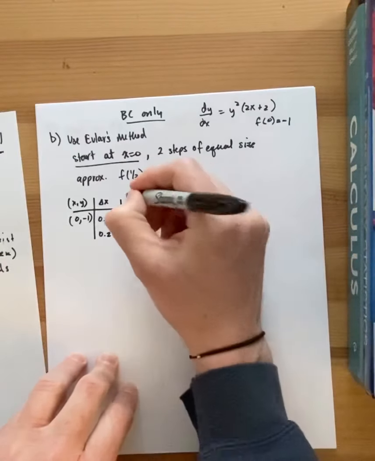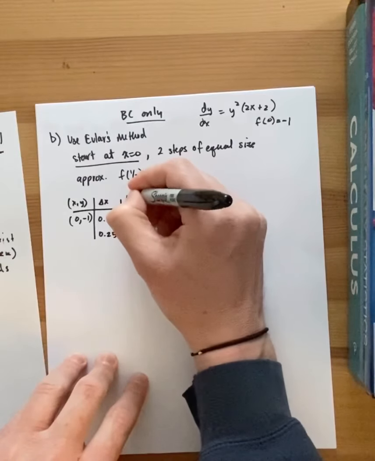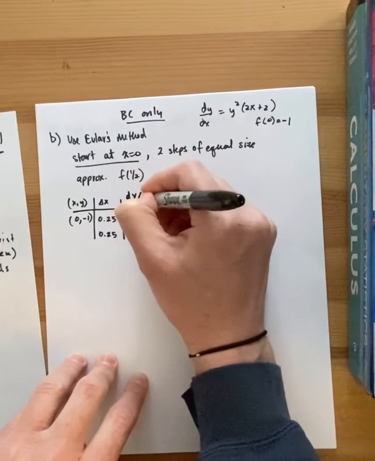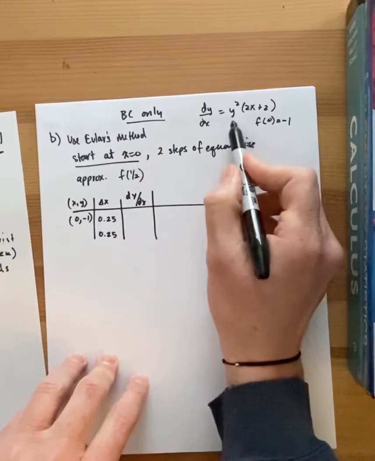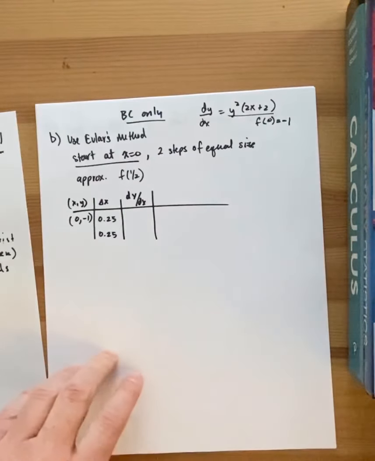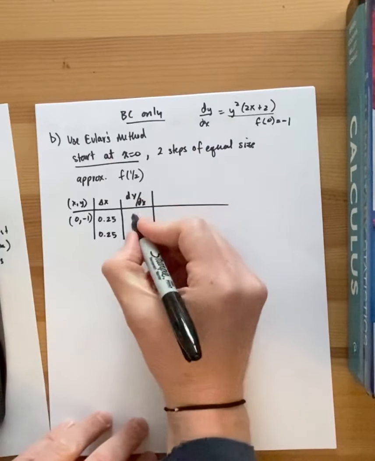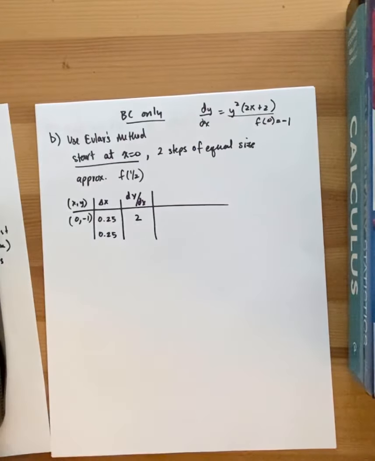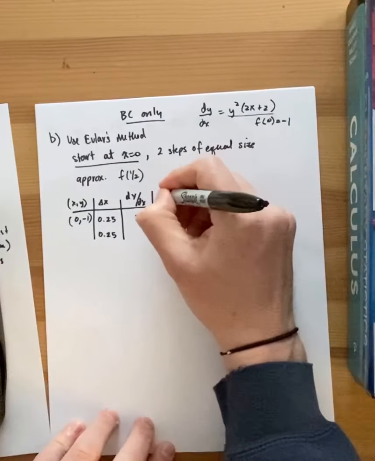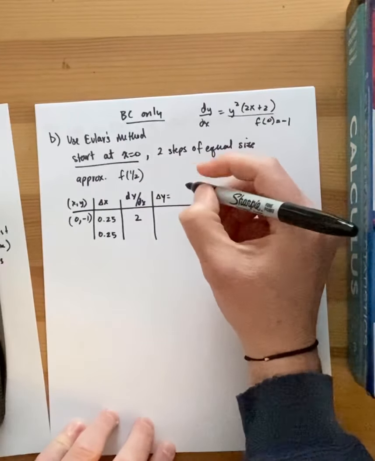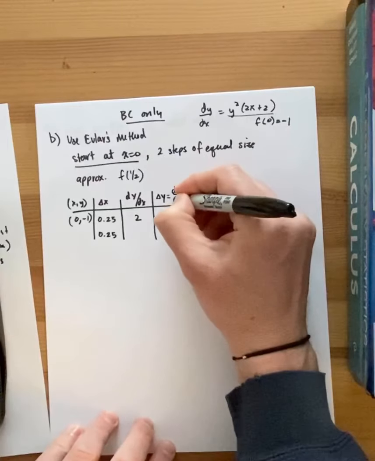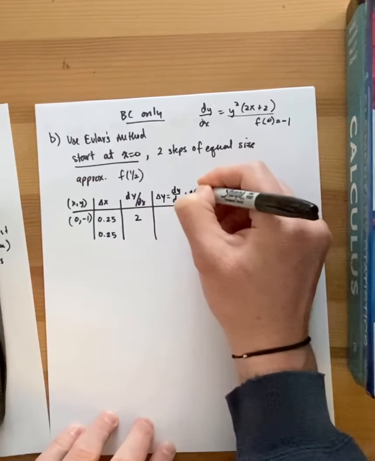Okay, so then the next thing we want to do is find our dy dx. So you're plugging into this equation here. That first one should give us -1 squared, so it's going to give us 2. Kind of got that from before. And then our change of y is going to be the dy dx times that change of x.